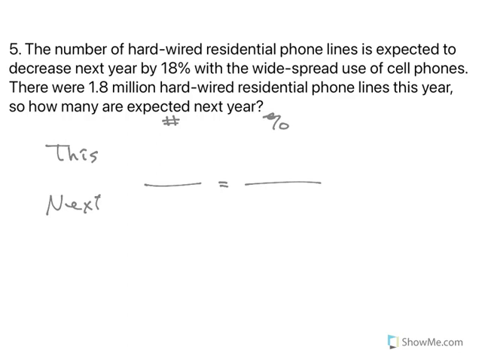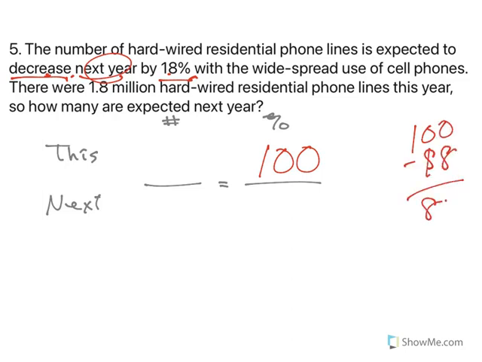Let's go and look. So the first number I see is we're going to decrease by 18%. The number of hardwires is expected to decrease next year. That means this year is our reference because it's going to decrease next year. So if this year is 100, then next year is going to be 82. Because it's decreasing. So hopefully that kind of makes sense.